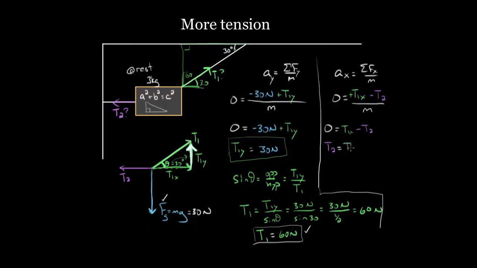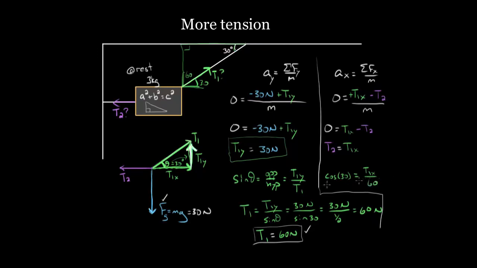But how big is T1 in the x direction? We know T1 is 60 newtons. We know T1 in the y direction, this piece here, was 30 newtons. How big is this piece? Well, instead of sine now, we can use cosine. So cosine theta, which is 30 degrees here, because this angle here is 30. Cosine of 30 would be the adjacent, that's this T1x, over the hypotenuse. The hypotenuse is T1, and T1 was 60.